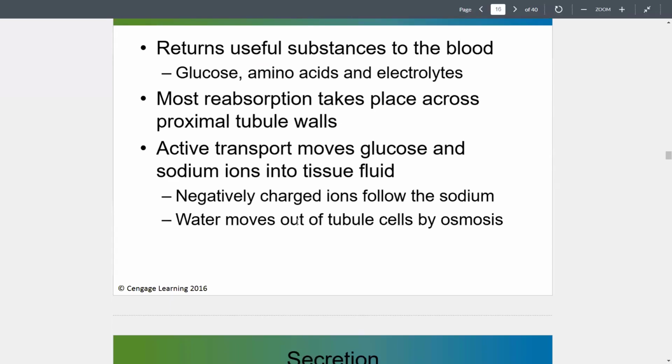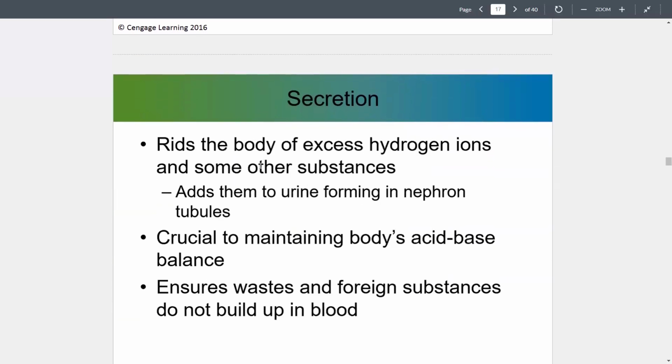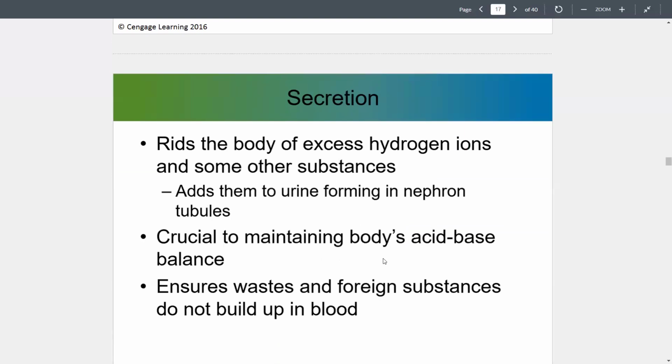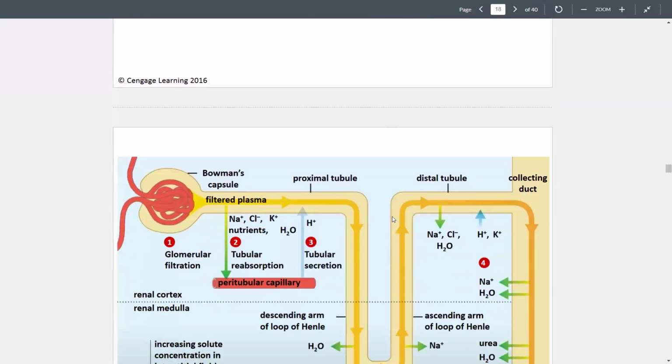So it's being concentrated. So your urine becomes more concentrated, and that's in response to how much water, how hydrated you are. And then secretion is the last part, and that's when it gets rid of excess hydrogen, and then it finally forms the finished product of urine. And then you're going to send that liquid out the ureter.